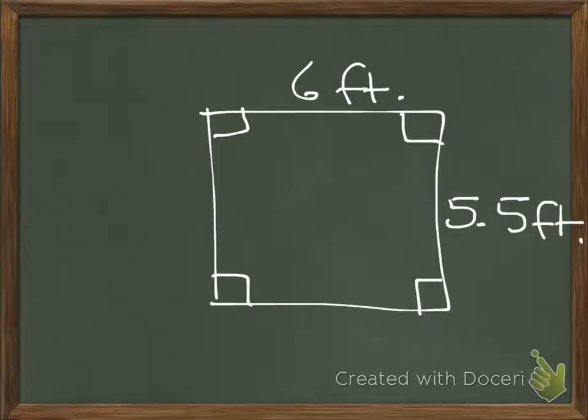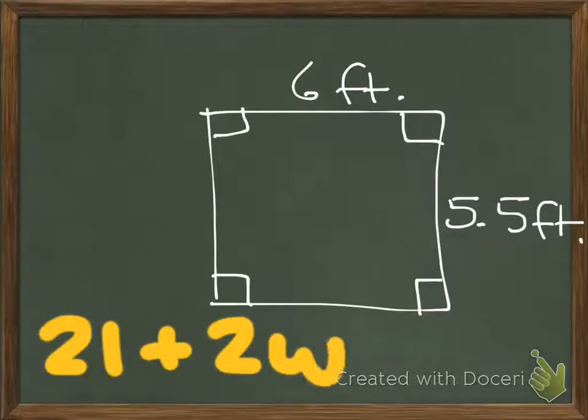This figure is a rectangle because one side is a little bit different than the other, even though it looks similar. The rectangle formula for the perimeter is 2L plus 2W, which means 2 times the length plus 2 times the width.